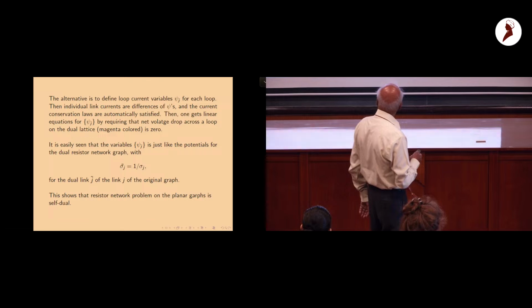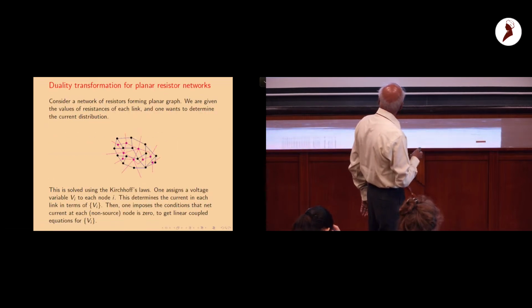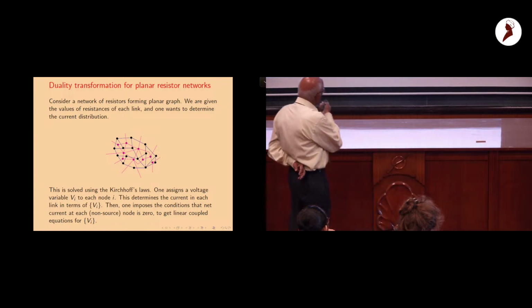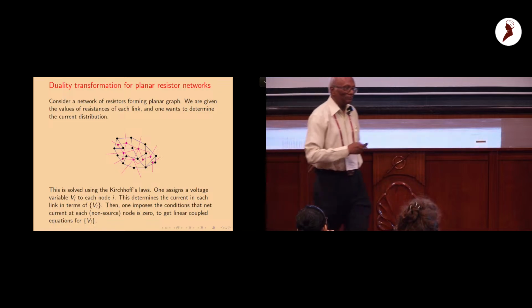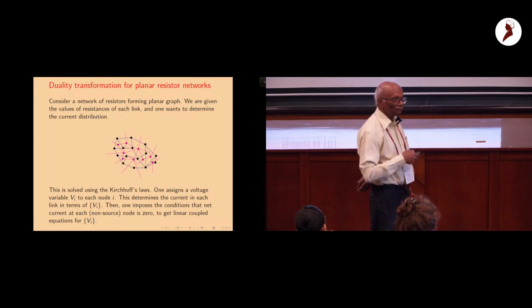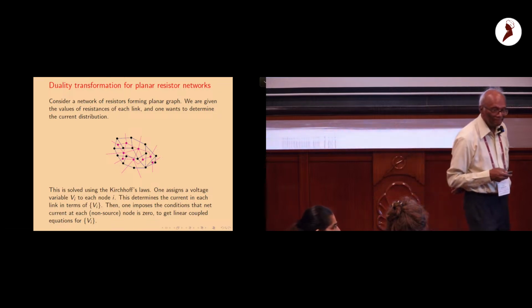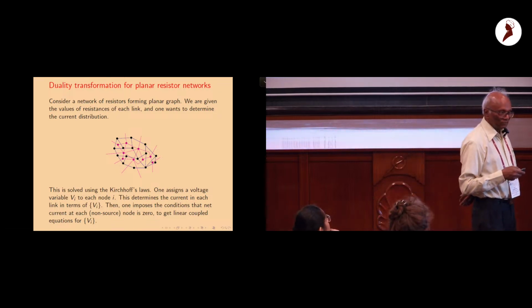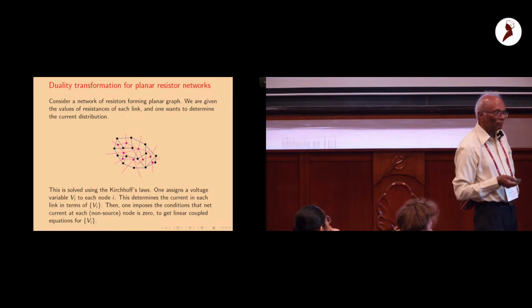And the problem was that a resistor problem on the blue network can be converted into a resistor problem on the red network with suitable resistances along the red bonds. So in the electric field, it's called voltage current network, but now I've forgotten that one.